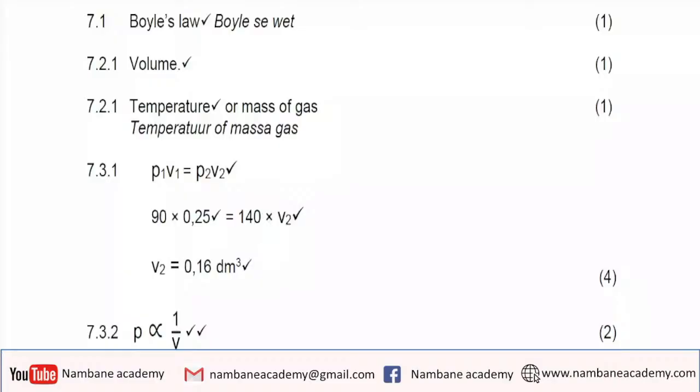And then 7.2.2, it says write down the controlled variable. Please, on the memo there, we will fix that numbering. It's 7.2.2, not 7.2.1 again. So for 7.2.2, the controlled variable is the temperature. They can choose the temperature. The learners can also choose the mass of the gas.